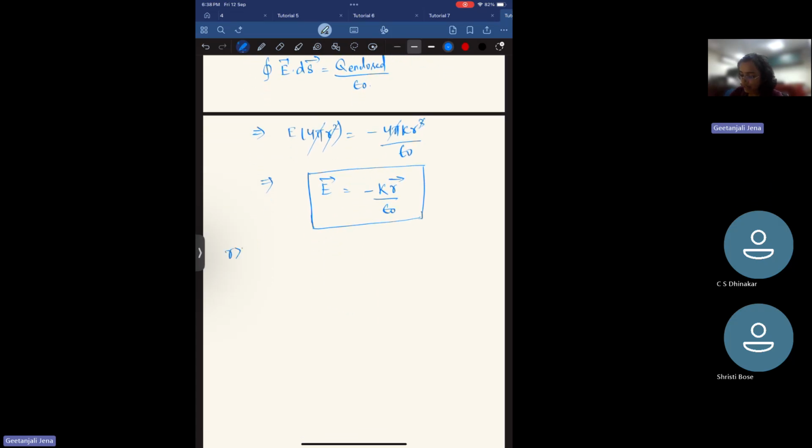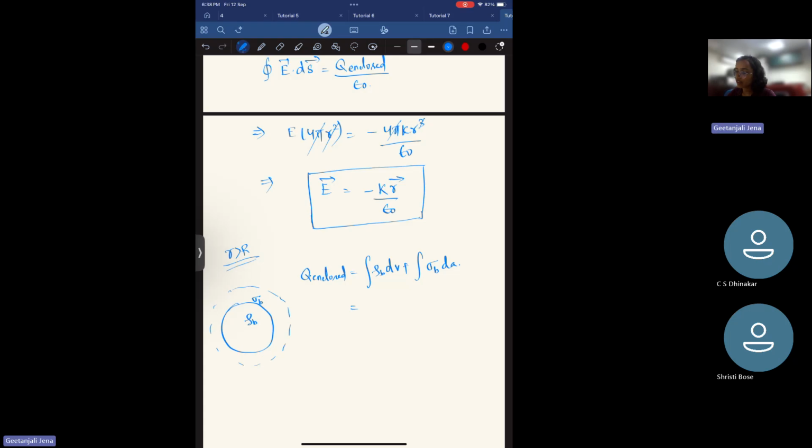And for the outside, we have both surface charge and volume charge. Whenever we're considering an outside Gaussian surface, there is sigma b sitting on the surface and there is rho b sitting inside the volume. So that is why Q enclosed will be the integral of rho b dv plus sigma b dA.